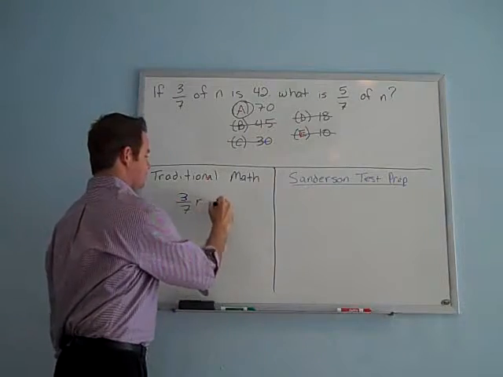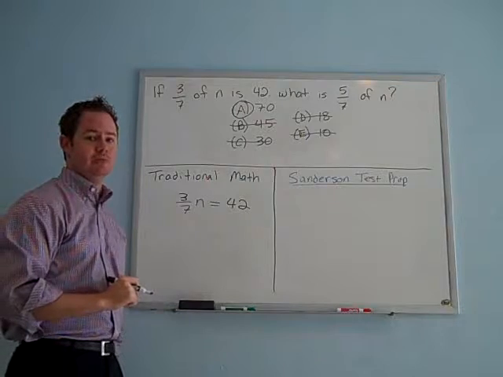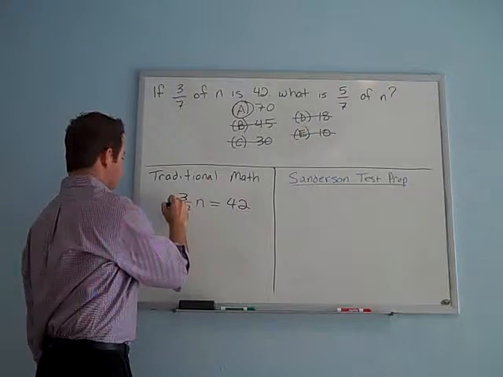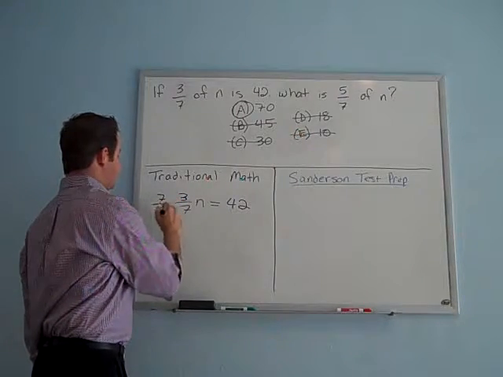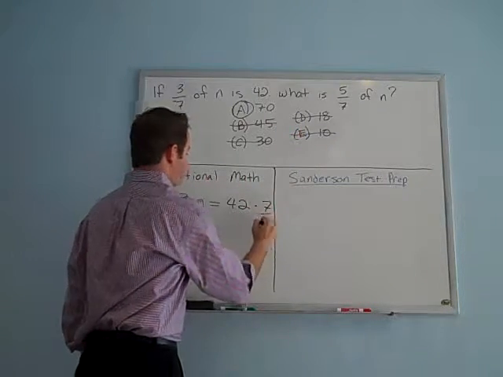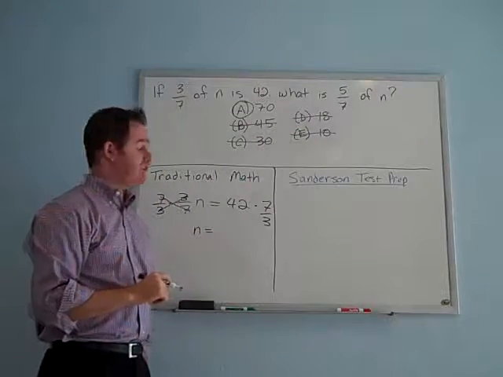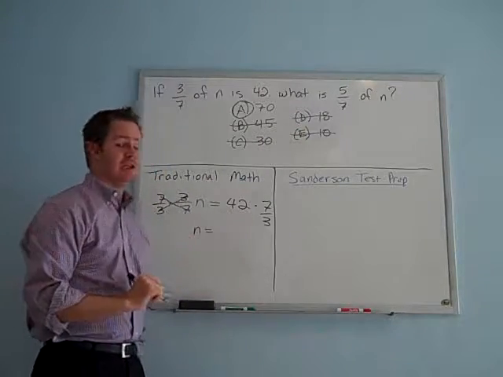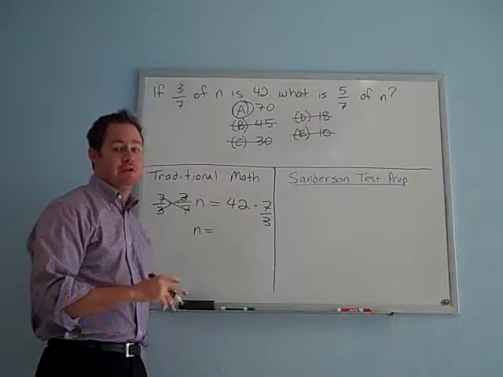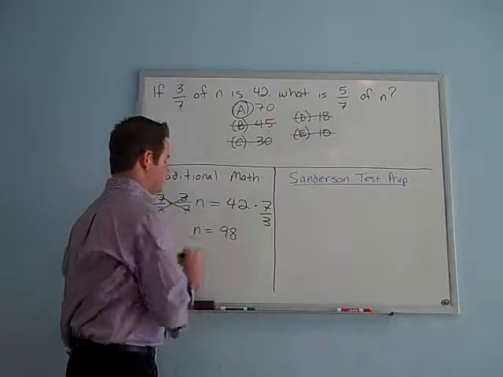Is means equals, so we would have 3/7 n equals 42. To solve for n, we would multiply both sides by the reciprocal, and n would be 42 times 7/3, a very complex calculation that would require time for us to input into our calculators. That answer comes out to be 98.